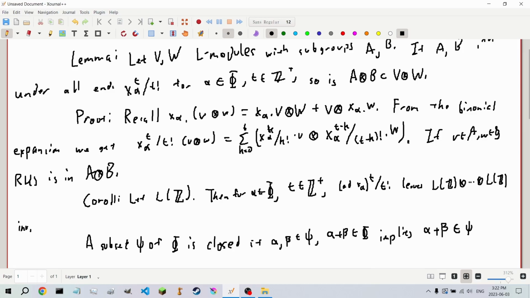So it's essentially just a subset of the roots that's closed under addition in the way that you would expect of a subset of the root system.